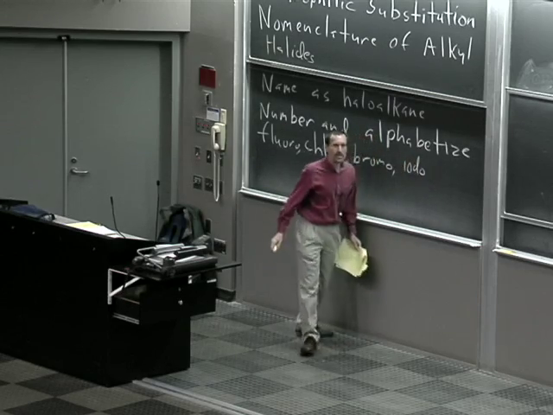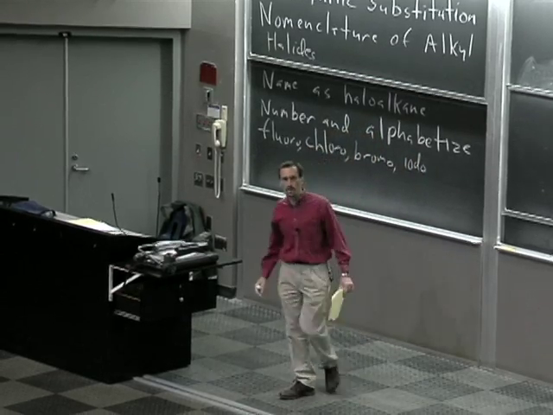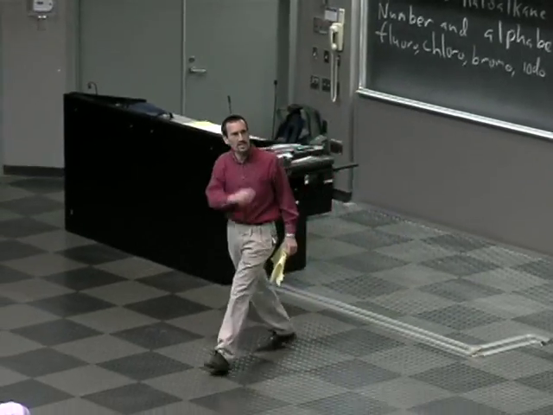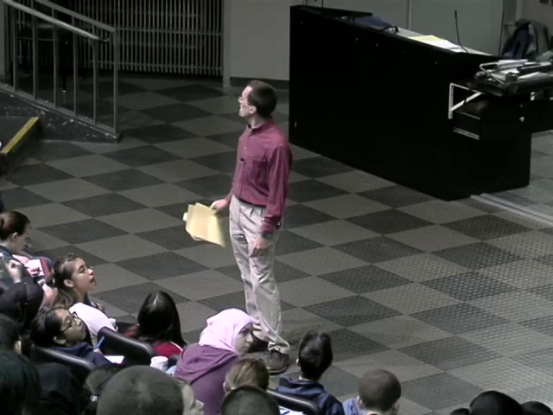If you look in your periodic table, you'll see there's one more element that falls into the halogen family, one that we absolutely never see in alkyl halides. Which one is that? AT. What is that? Astatine. It's radioactive. There are no stable isotopes of it.